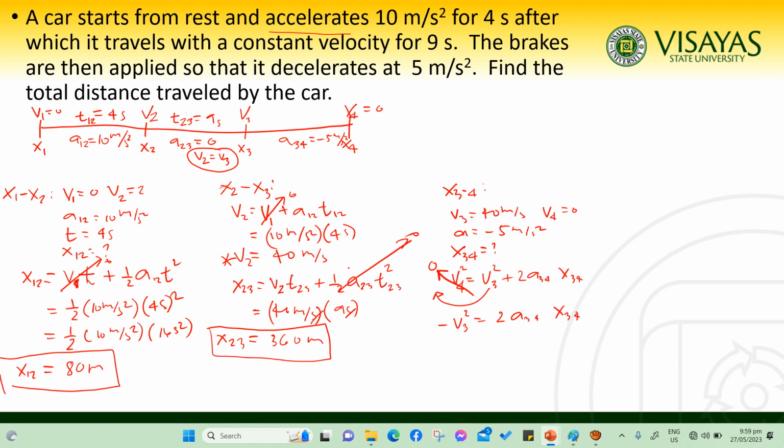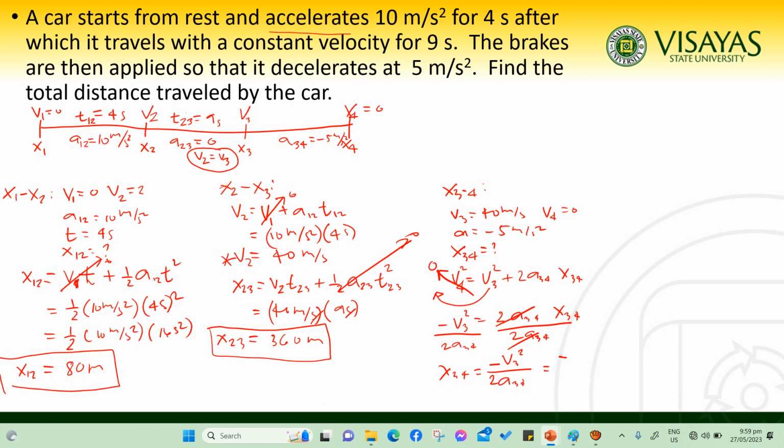Then by rearranging the equation, or dividing both sides by 2 a34, we can cancel it out. So you have x34 is equal to negative v3 squared over 2 times a34. Then plugging in the values.